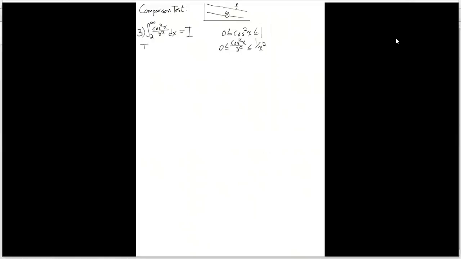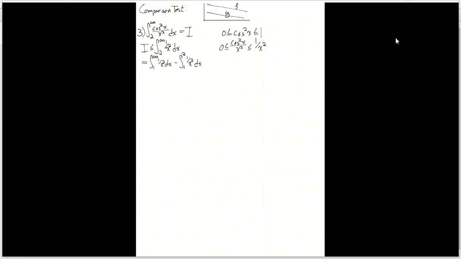So we're going to say that I here is less than or equal to the integral from 2 to infinity of 1 over x squared dx. If we can show that this integral is convergent, then I is also convergent. So this integral is equal to the integral from 1 to infinity of 1 over x squared dx, and then we have to subtract that additional segment that we put in.